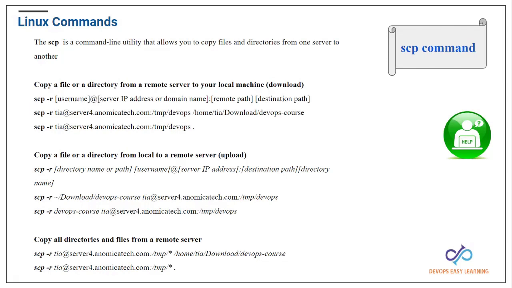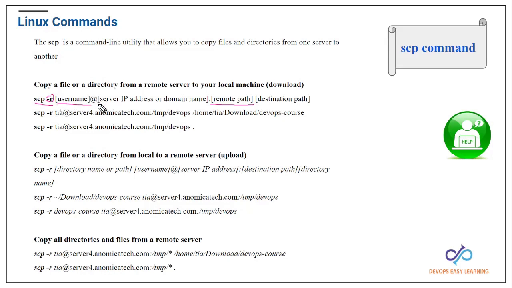The syntax here is basically using scp, and you say -r. R here stands for recursive, which means whatever you are going to download from the remote server is a directory, right? You can still put -r even if it's a file. That doesn't really matter. And here, what is the username on that server?